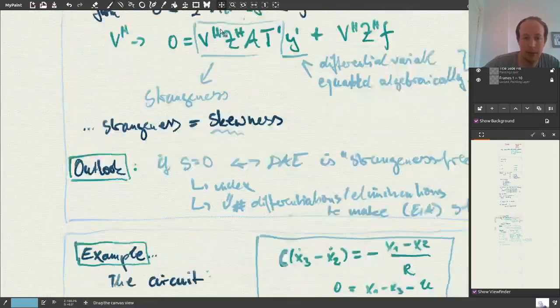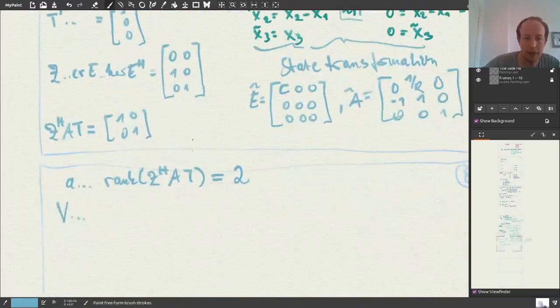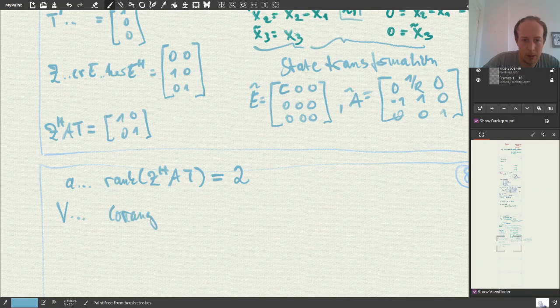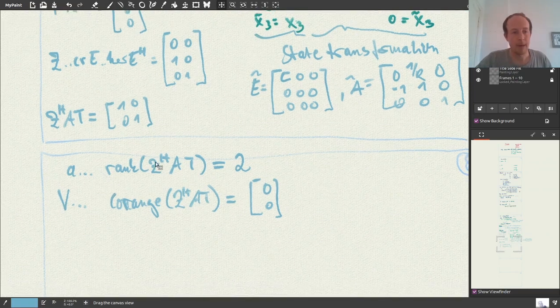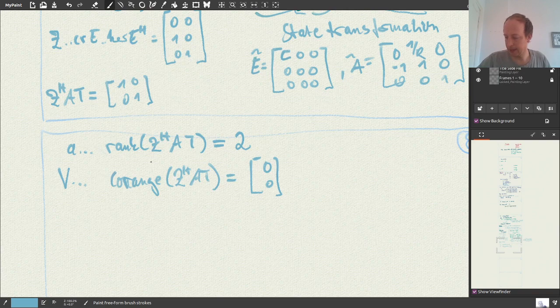But since this is full rank, this will be just a 0 vector. Co-range of Z hat A T hat, and this will be just this vector 0, 0, like the kernel of the transpose of this. And yeah, this is just the 0.